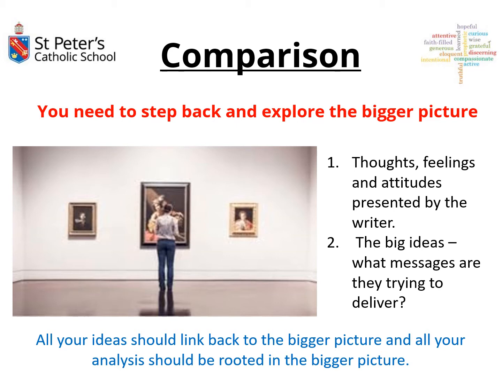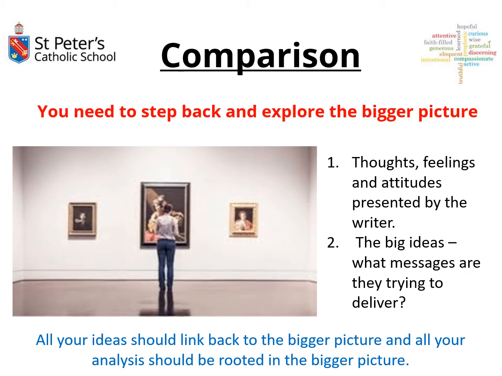So all your ideas in an analysis essay should link back to this bigger picture, and all your analysis should be rooted in the bigger picture. So a trap that students tend to fall into is identifying features, which we call just feature spotting, where you say, right, I can see an adjective used here, I can see a metaphor used here, but you have to talk about it in the bigger context of the poem.